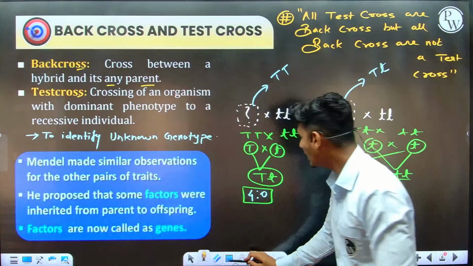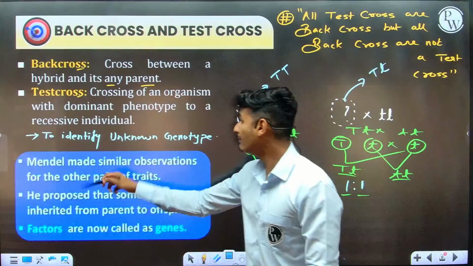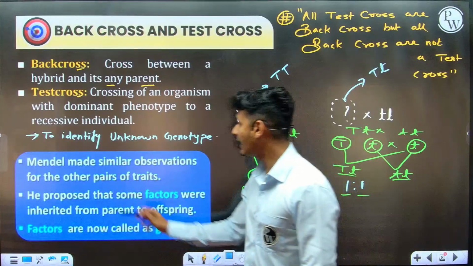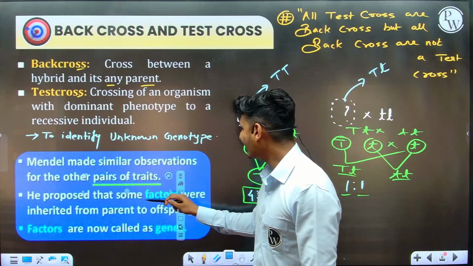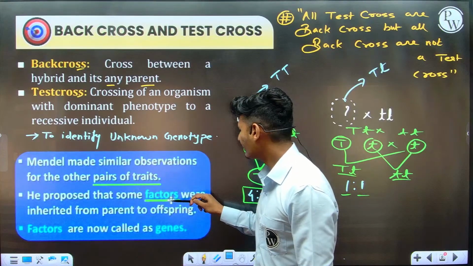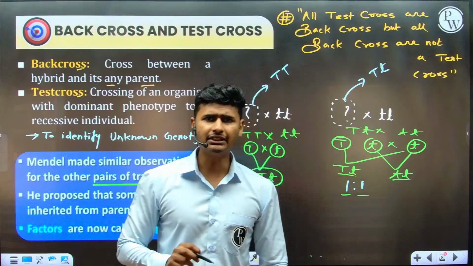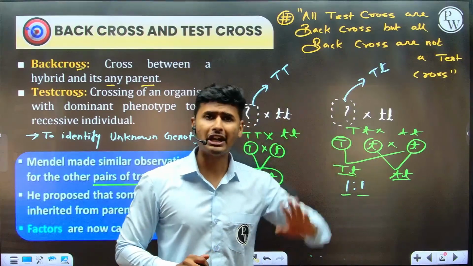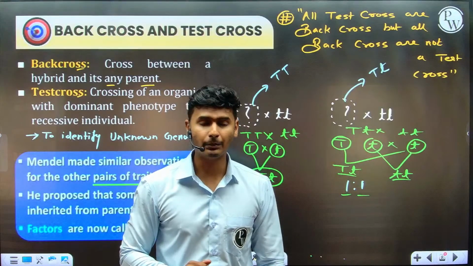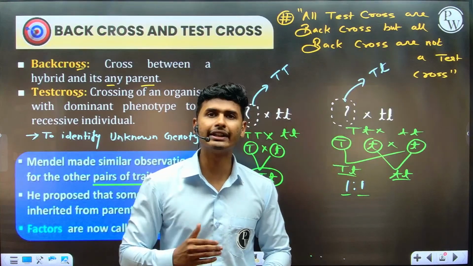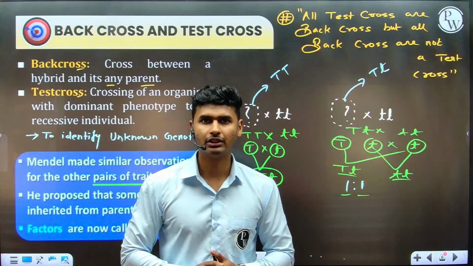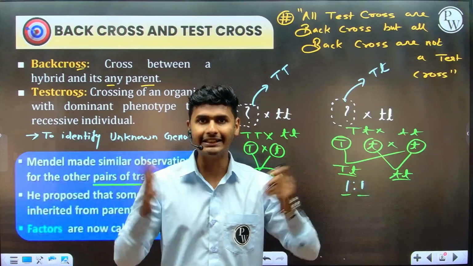Let's come to another crucial point. Mendel made similar observations for another pair of traits, and he proposed some factors. Mendel performed his experiments in the 19th century, 1856 to 1863. Long back, there was no evolution of genetics, no evolution of scientific theories.